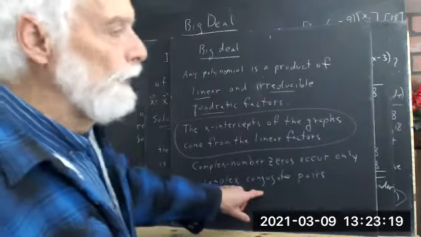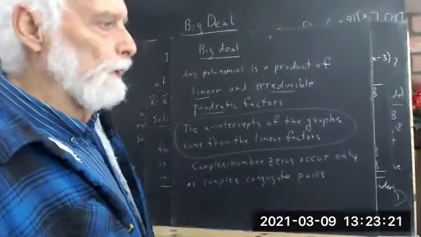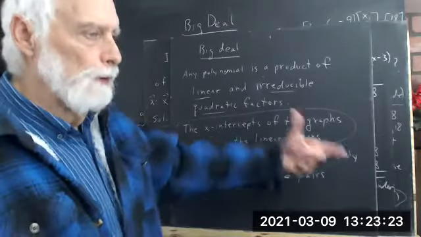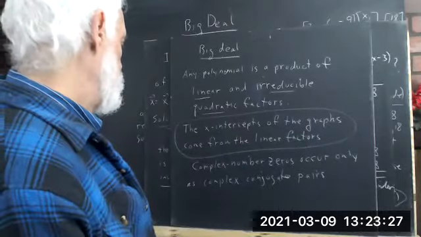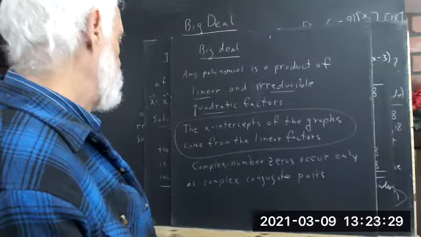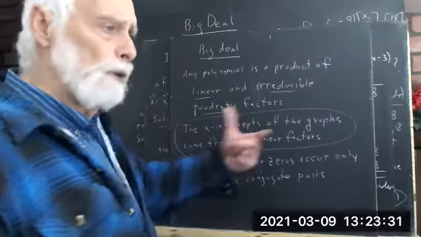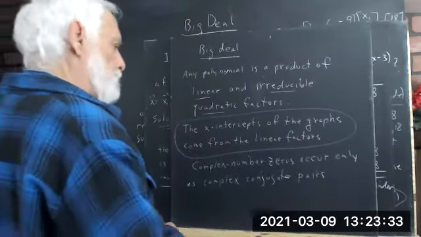Complex number zeros occur only as complex conjugate pairs because that's what you usually get from the quadratic formula.